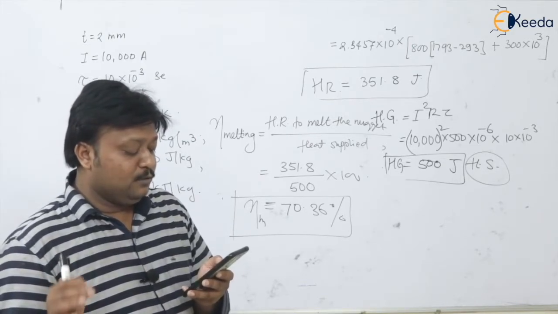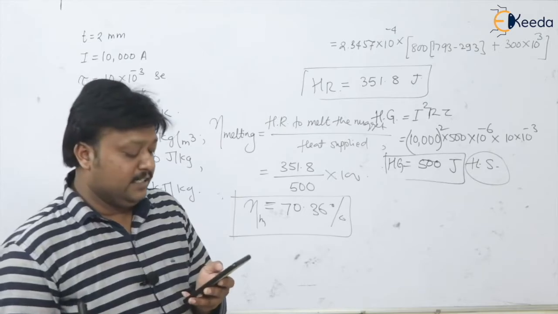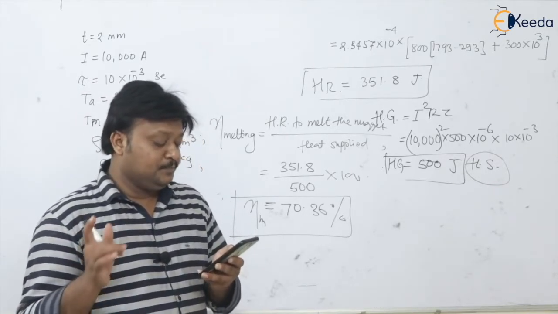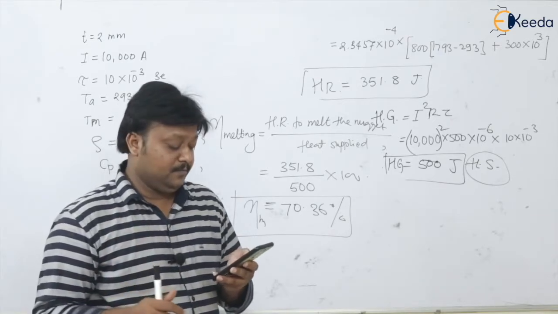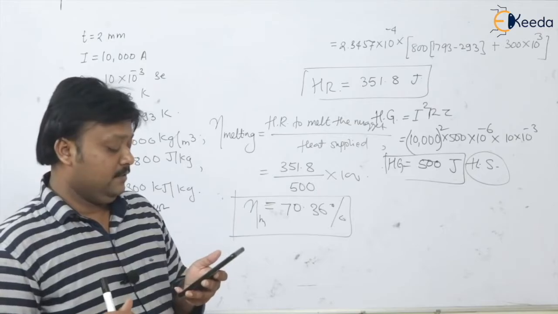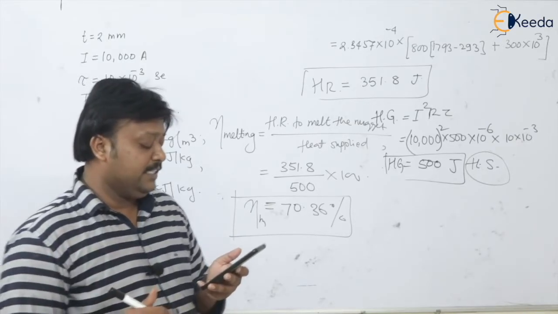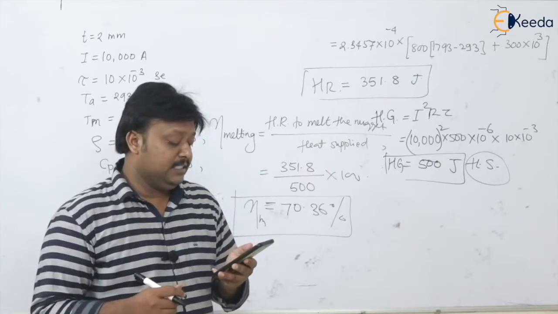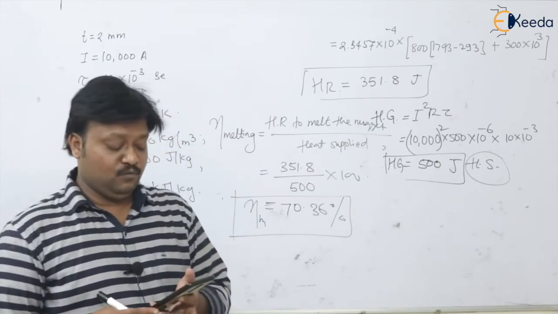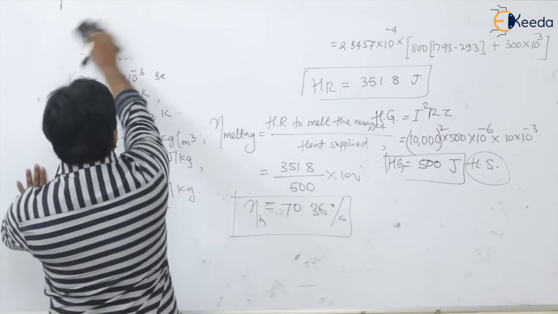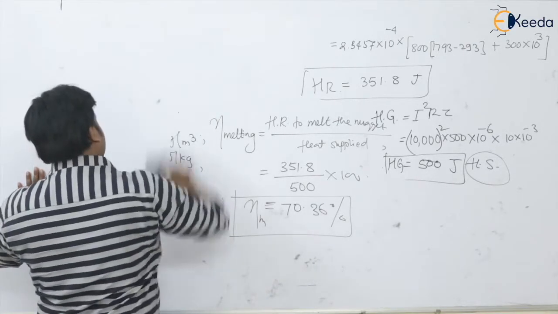If the heat required to melt the steel is 10 joules per cubic millimeter and the melting efficiency is 0.625, the welding current in ampere will be option A 100, option B 200, option C 300 and option D 400. So solve this, try it.